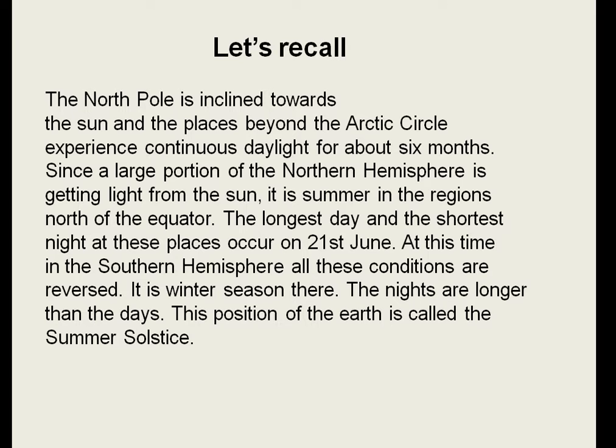The longest day and the shortest night at these places occur on 21st June. At this time, dear children, in the Southern Hemisphere, all these conditions are reversed. It is winter there. The nights are longer than the days. So this position of the earth is called summer solstice.